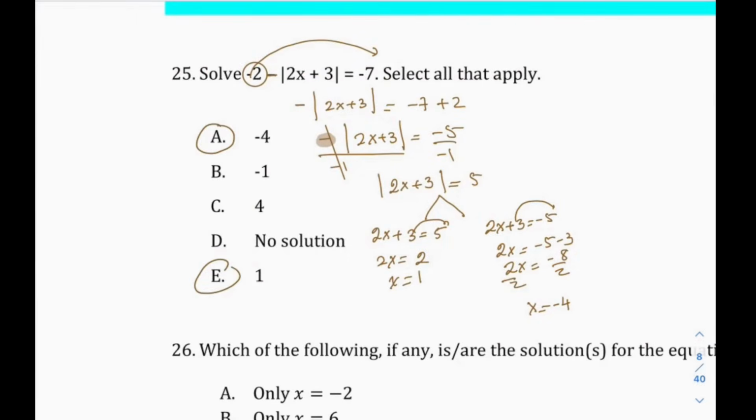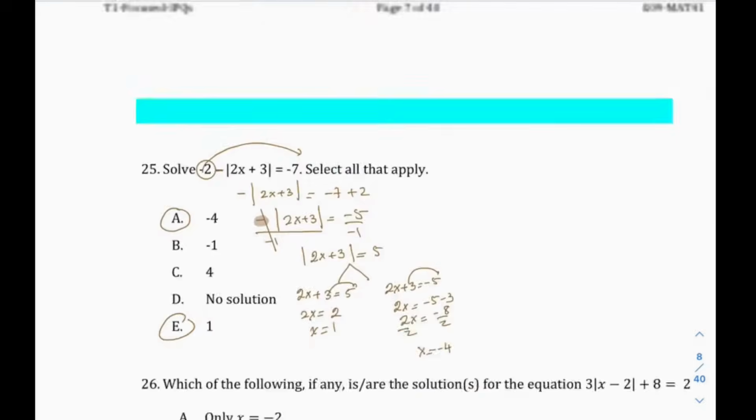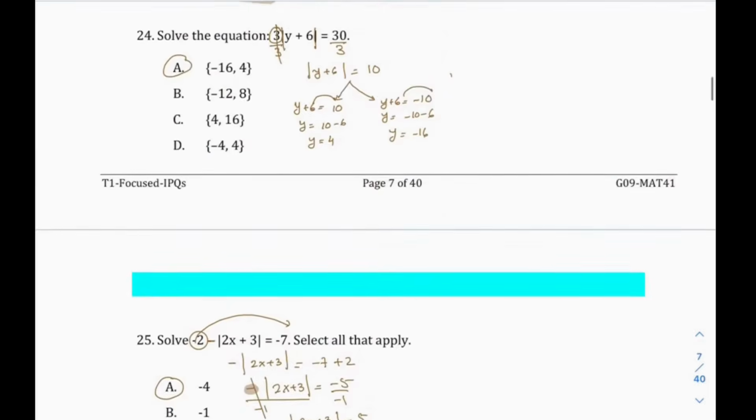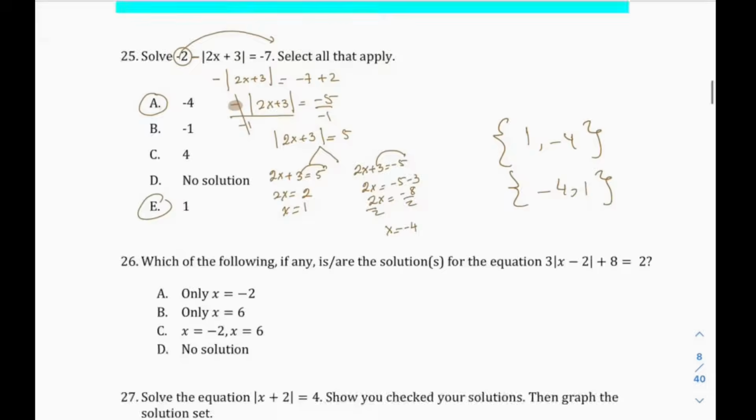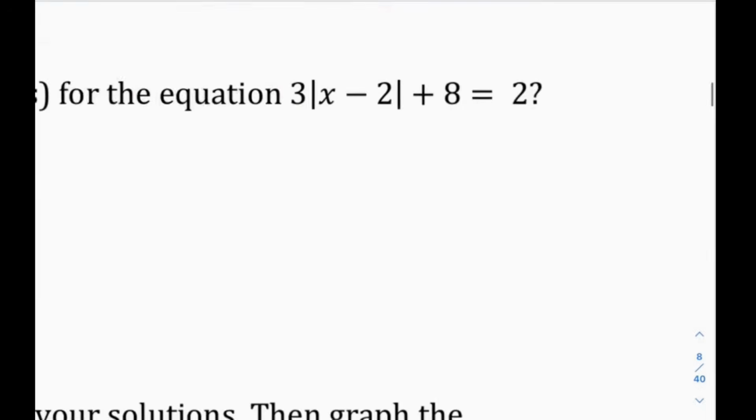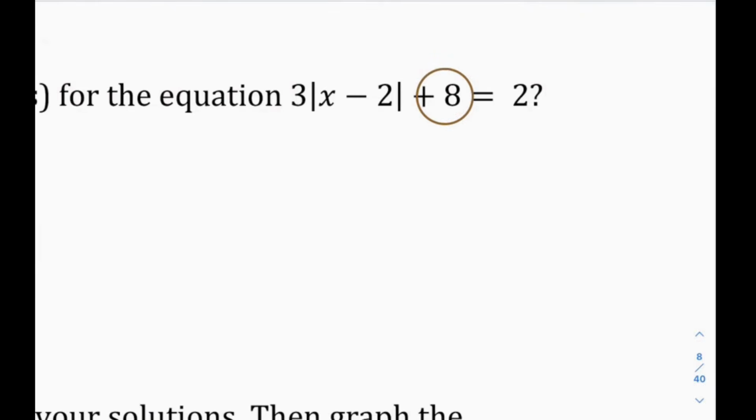In the exam, usually you will not have it this way. You will have it listed in a set like the one before. So the solution is 1 and minus 4, or it can be written as minus 4 and 1. Let's start here. Same idea. We have plus absolute value added to something, isolate it, keep it alone first, and then you decide.